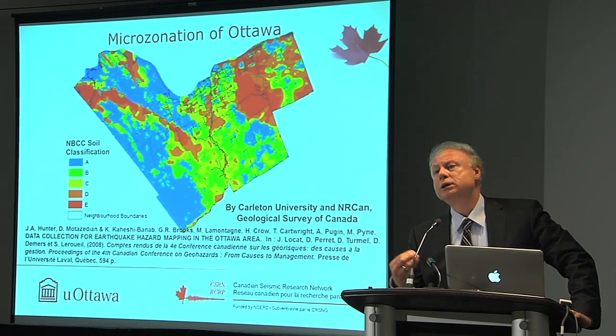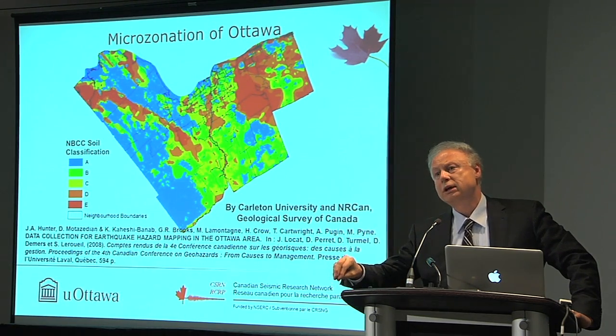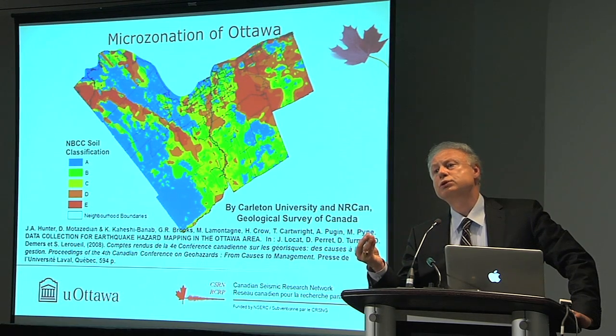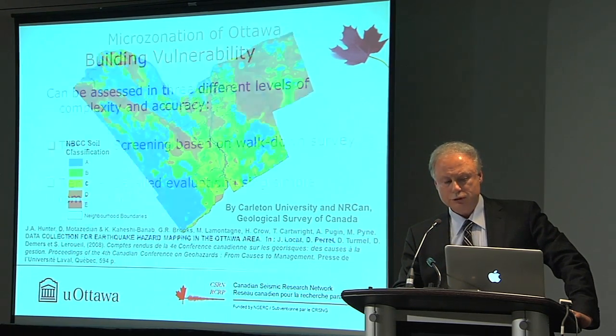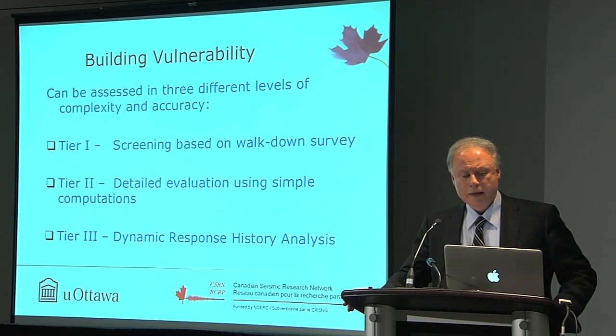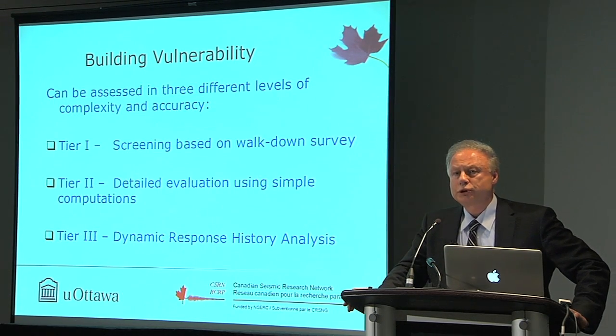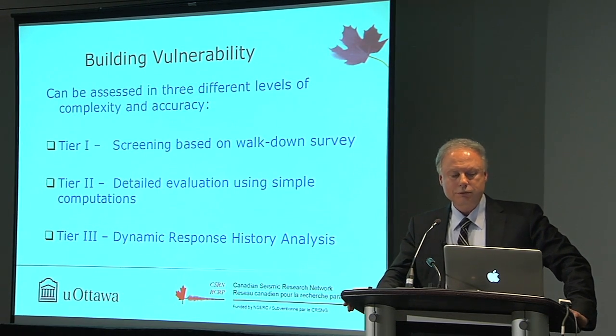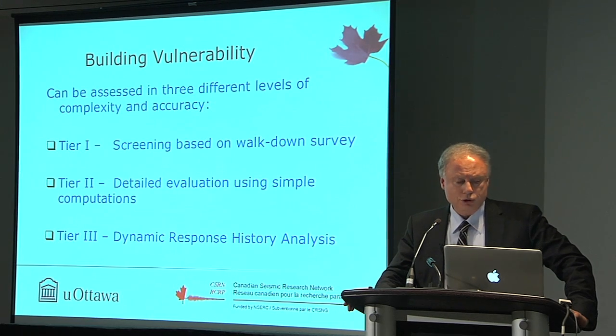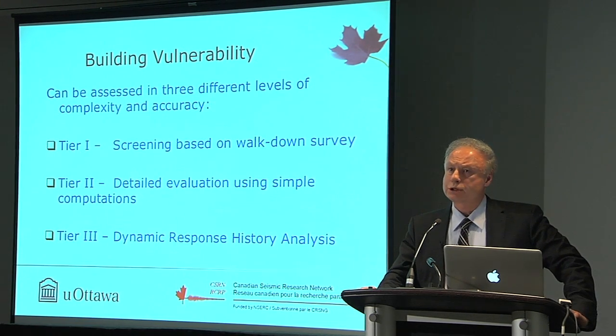Now, our job is to put buildings on these and then try to assess how good the buildings are and how well they will perform in these regions. The work involves 3 stages. Tier 1, screening based on walk-down survey, which is comparable to the seismic screening manual that I just mentioned.